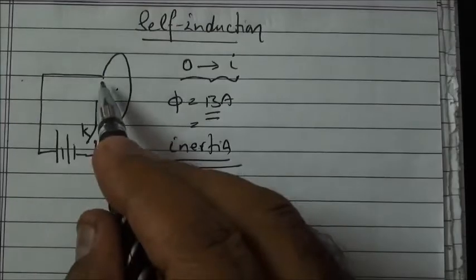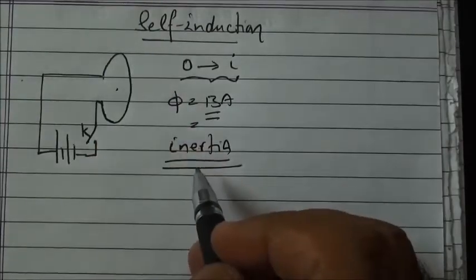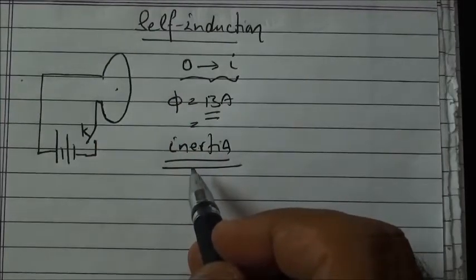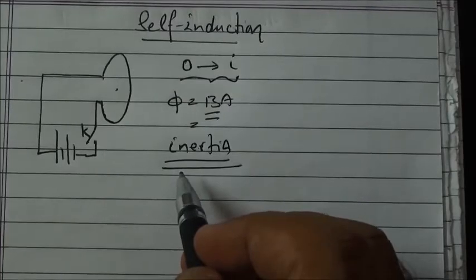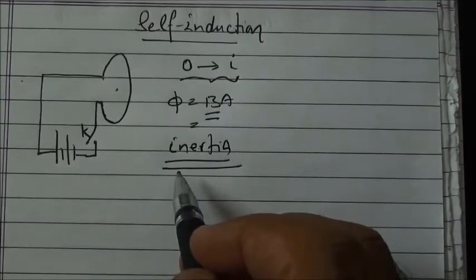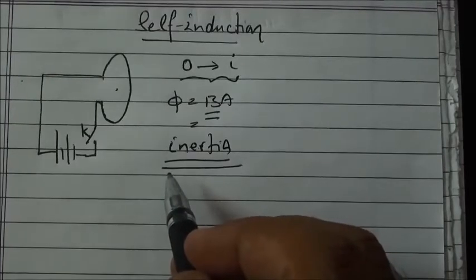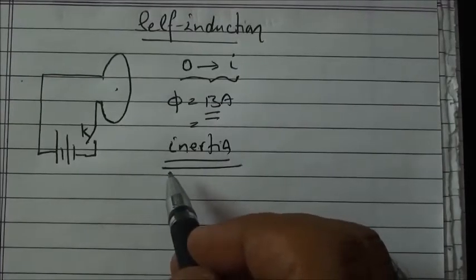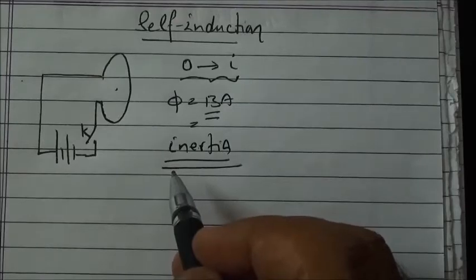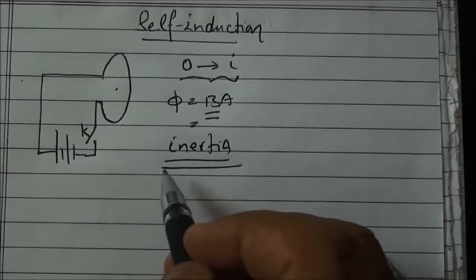So we can say all coils have electrical inertia. They have a tendency to keep whatever current they have. It means any effort to change current will lead to opposition of this current.